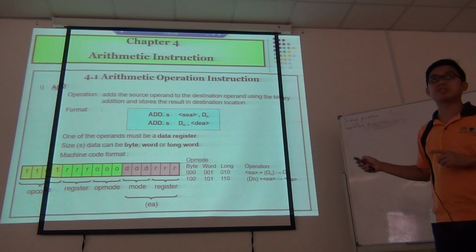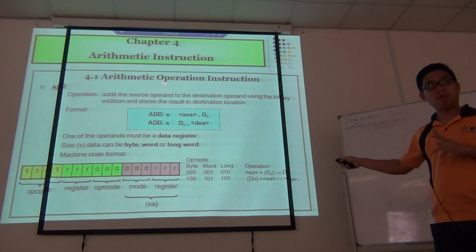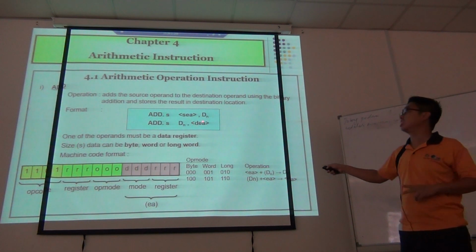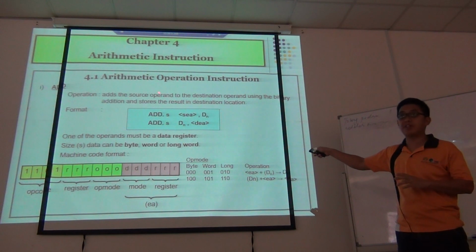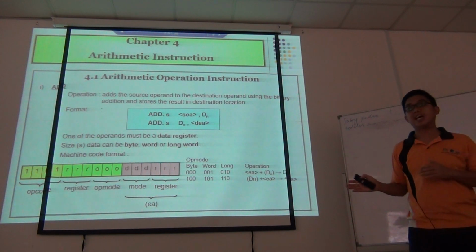SEA means source effective address, comma, data register, or vice versa, data register to destination effective address. So you have the source at the front, you have the destination at the back.